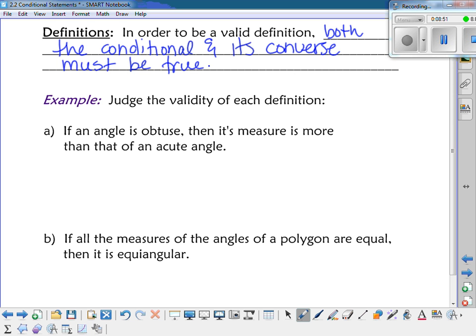So for example, we can judge the validity of a definition by writing the converse and seeing if it's also true. So for example, A, if an angle is obtuse, then its measure is more than that of an acute angle.